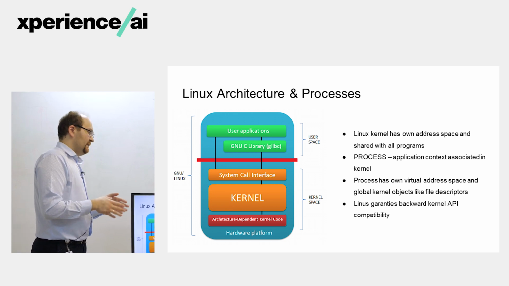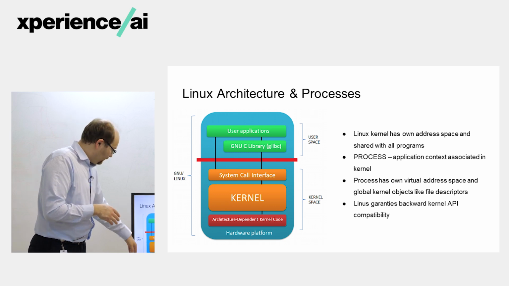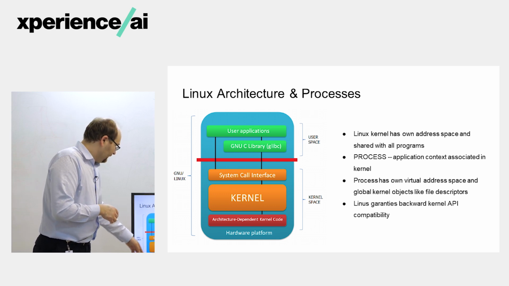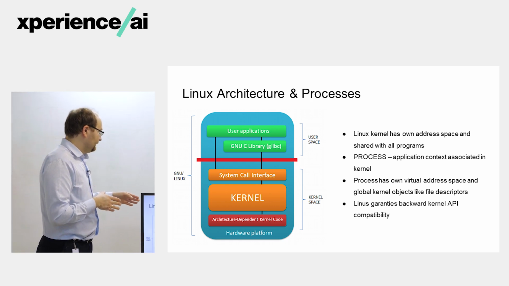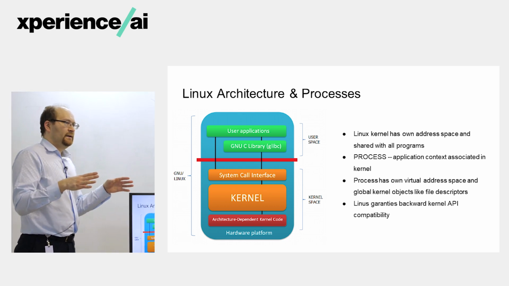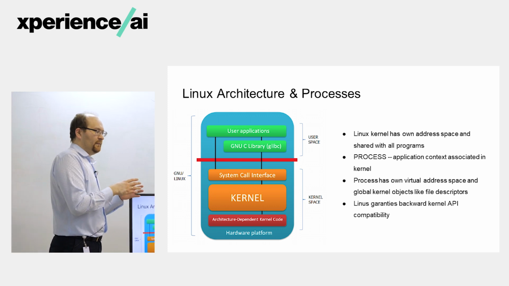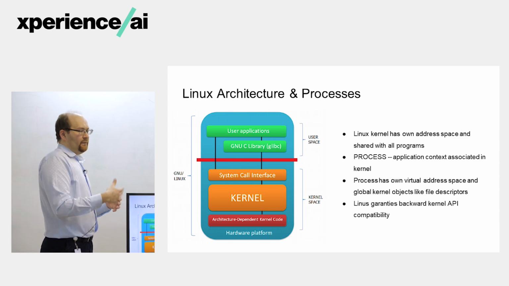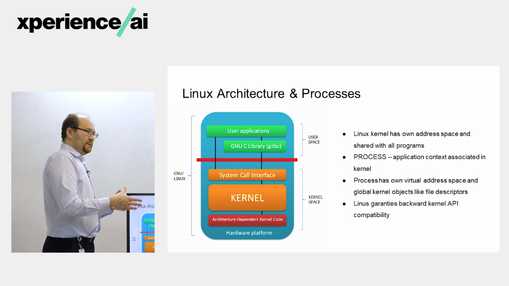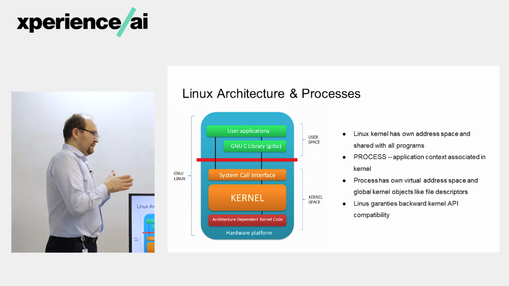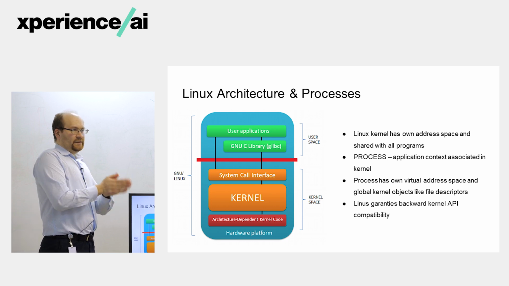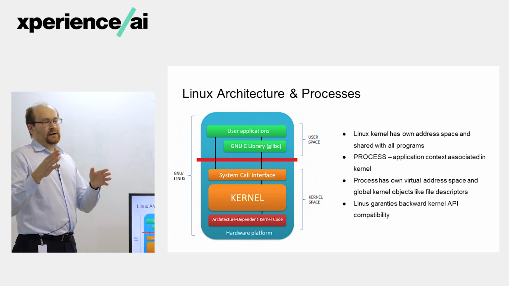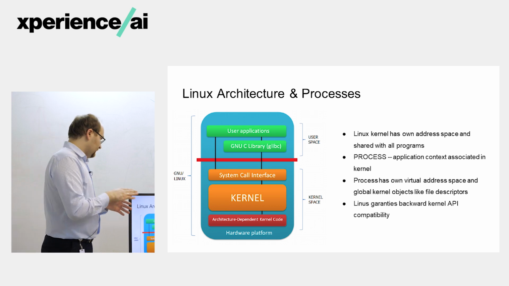And drivers and all the stuff are below this red line. It's in the kernel. What is important here is that the kernel has its own address space and works with its own pieces of memory that are protected from the user, but it's the same memory address space for all drivers, for all applications that are executed on top of this kernel.